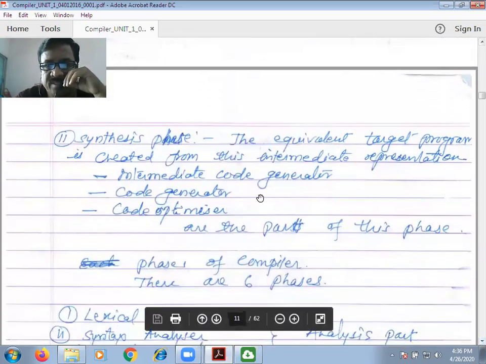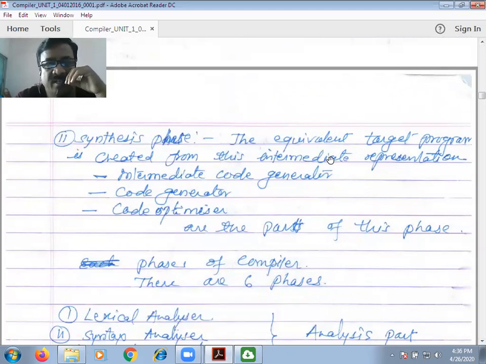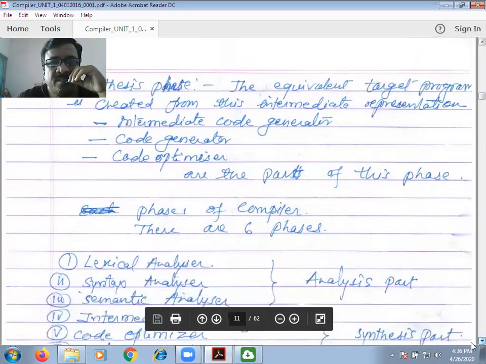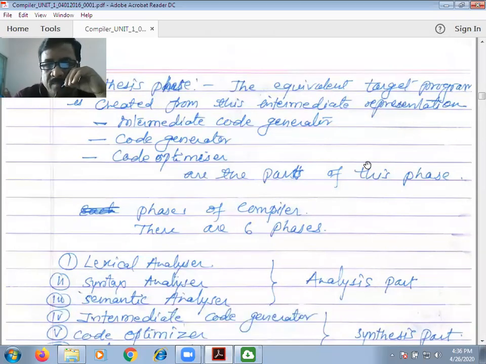And the next phase is the synthesis phase. This phase constructs the equivalent target program from the intermediate representation of the source code. It consists of the intermediate code generator and code optimizer.